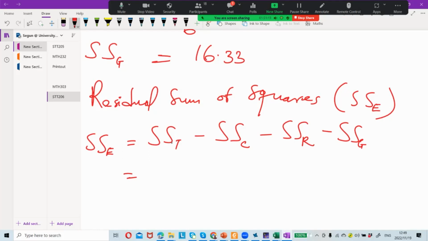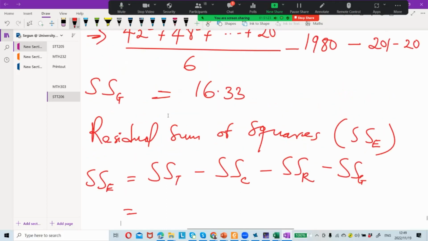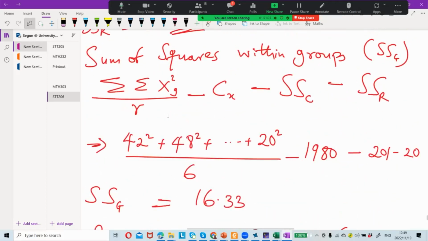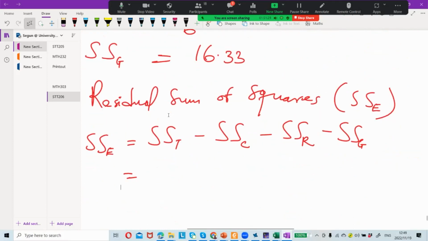So what is SST, please? Anybody? Scroll up a bit, sir. Can you scroll up the figure we are subtracting? You have it already. SST is 274.